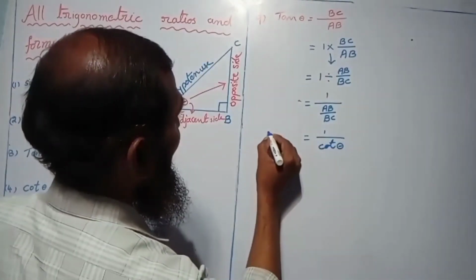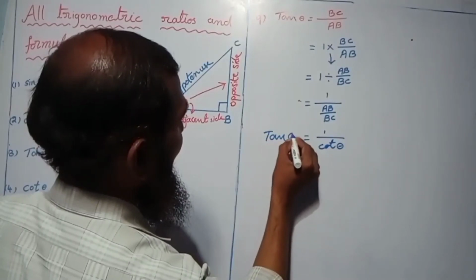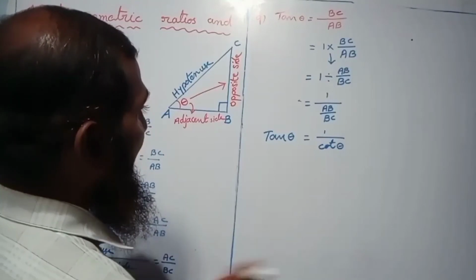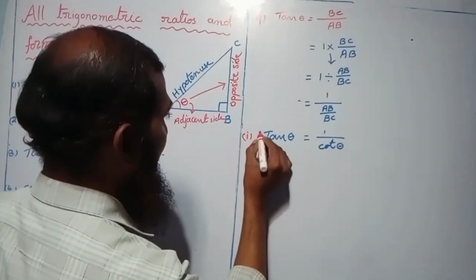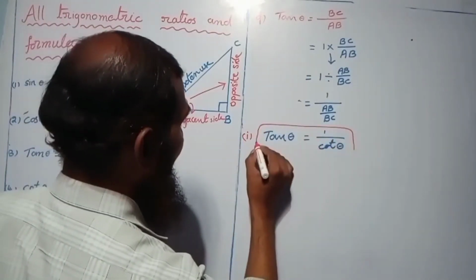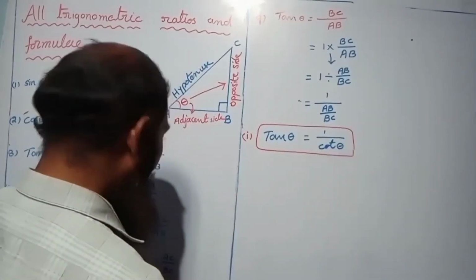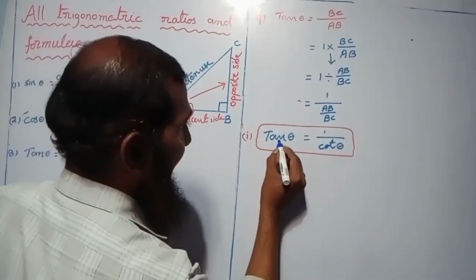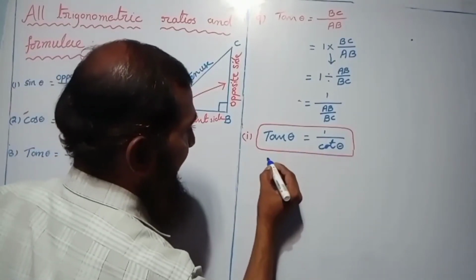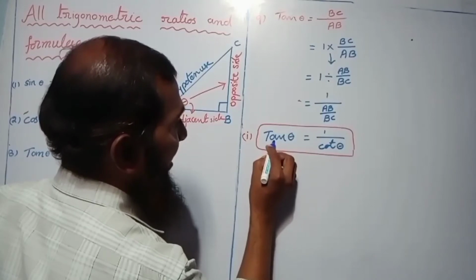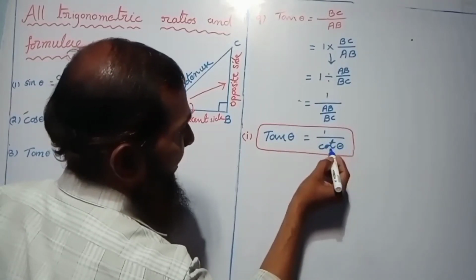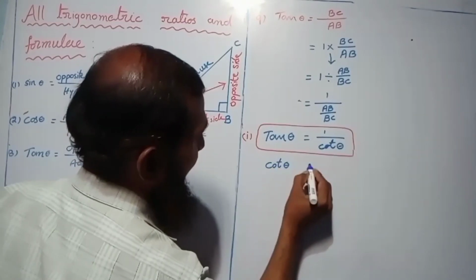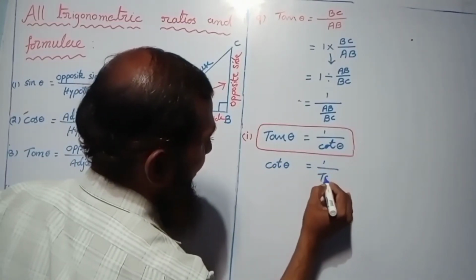It means tan theta is equal to 1 upon cot theta. In the ninth, it is the first formula. If I take cot theta on the LHS and tan theta on the right side, it means transposing tan theta to the RHS and cot theta to the LHS, then you should get cot theta is equal to 1 upon tan theta.